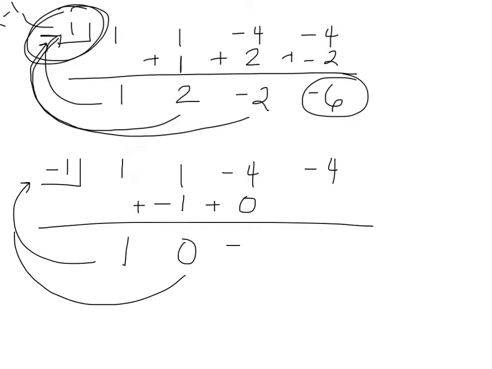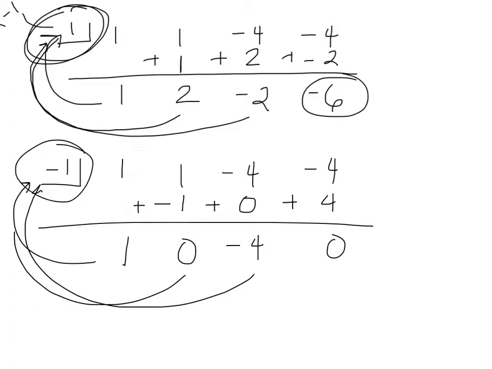Then you add negative 4. Negative 4 times negative 1 is positive 4. When you add, it is 0. So it worked. Meaning, if minus 1 worked, then we can have x plus 1 as a factor of the given cubic expression.